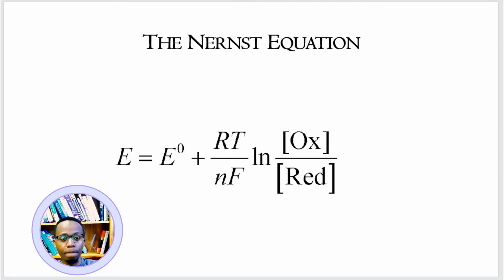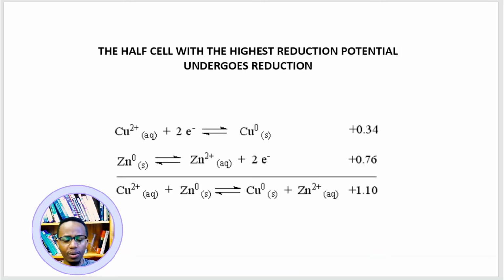So that means that, for example, if we go back to our cell of copper and zinc, we find the potential assuming that we have 1 molar for each.